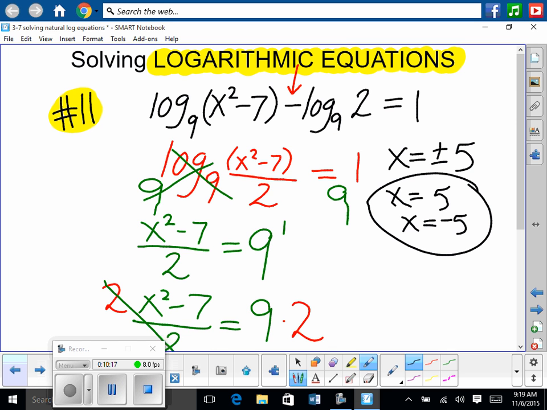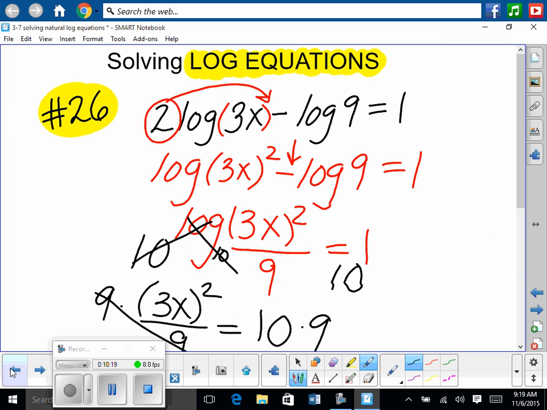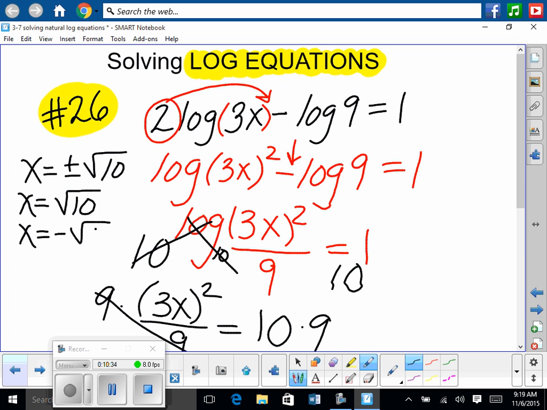Okay. So let's see, what other one? Number 26, I think we got a negative answer too. Yeah, we did. So on number 26, we got x is equal to plus and minus the square root of 10. So really, we got x is equal to positive square root of 10, x is equal to negative square root of 10. Let's look at if we plugged it back in, would we have a negative?